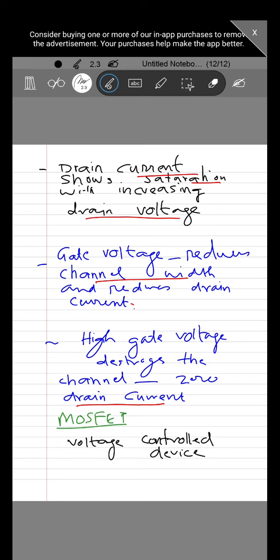And the interesting thing about this is that the channel is not initially present as in the case of JFET, but the channel is created during device operation.